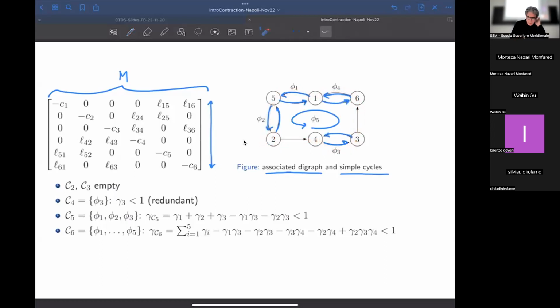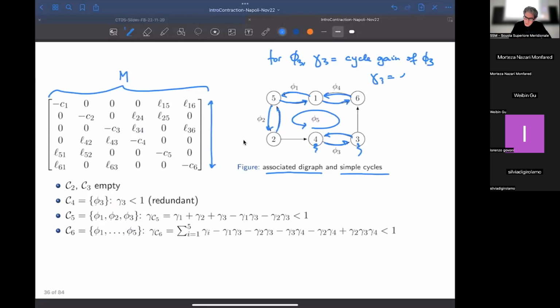Now, for each cycle, for example for phi3, I define gamma 3 to be the cycle gain. What is the cycle gain of phi3? Phi3 touches node 4 and node 3, so gamma 3 will be equal to L34 divided by C4 times L43 divided by C3.